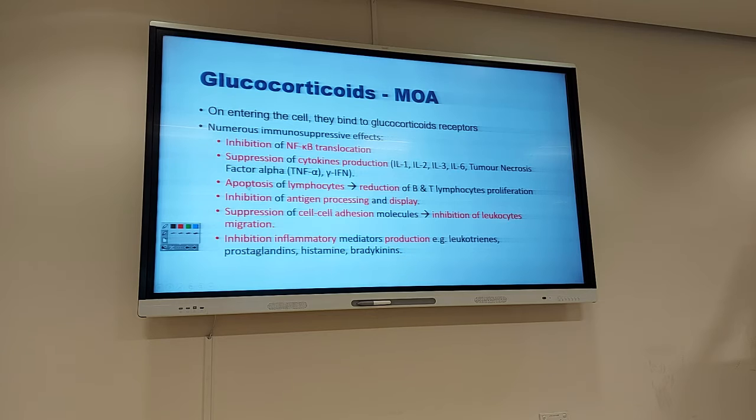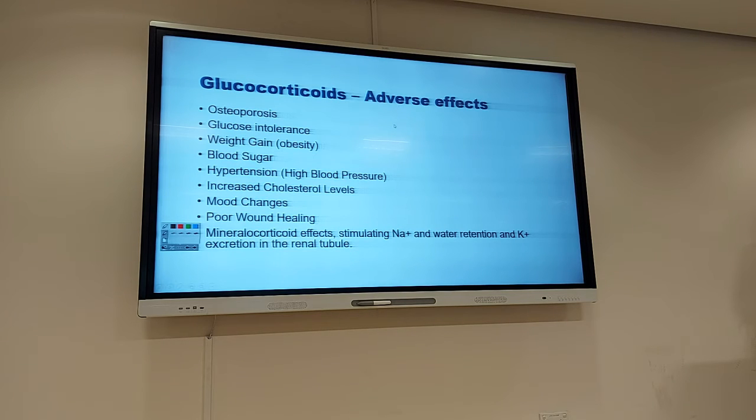Also tumor necrosis factor alpha, apoptosis of lymphocytes, so reduction of B and T lymphocytes, inhibition of antigen processing and display, suppression of cell adhesion, inhibition of leukocytes, and inhibition of inflammatory mediator production: histamines, bradykinin, prostaglandins. So their mechanism of action is quite broad and depends on the dose, and hence so are their side effects.